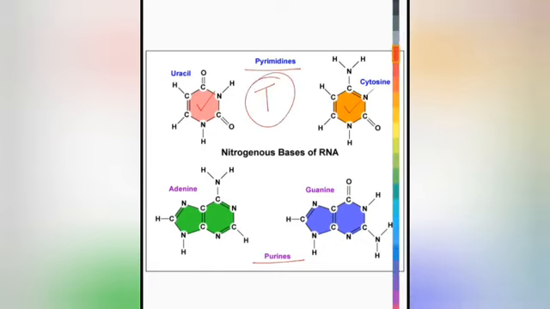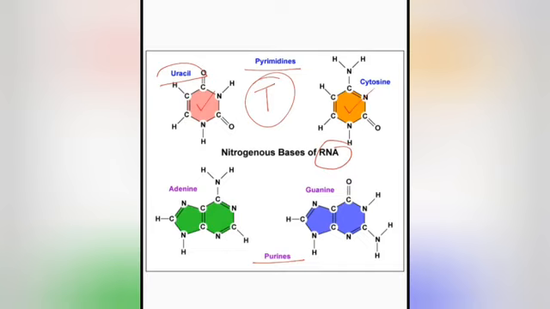So these are basically the nitrogenous bases of RNA. As you all know that in RNA uracil is found instead of thymine. So this is basically same in case of DNA. Only the difference is that in DNA the uracil will be replaced by thymine.